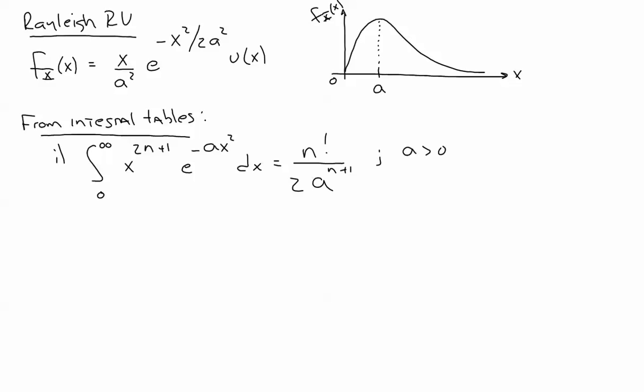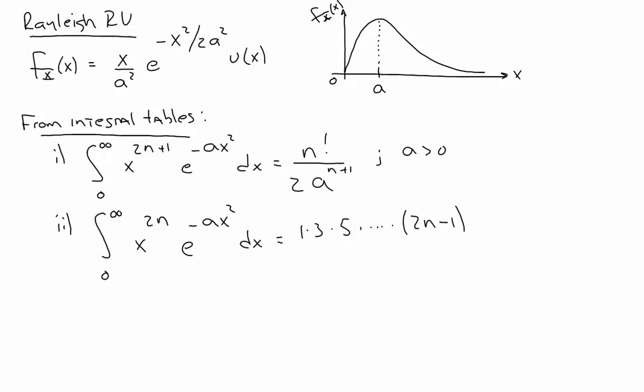Okay? Second relationship that I needed was integral from 0 to infinity of x raised to the 2n power times e to the minus ax squared equals 1 times 3 times 5 times all the way out to 2n minus 1 divided by 2 to the n plus 1 power times a raised to the nth power times square root of pi over a.